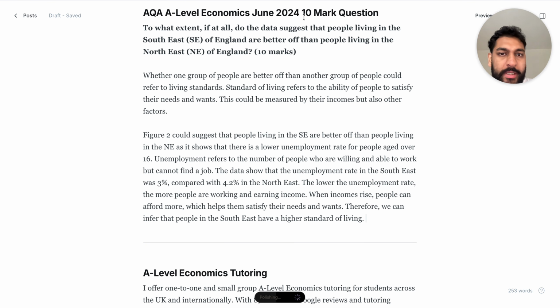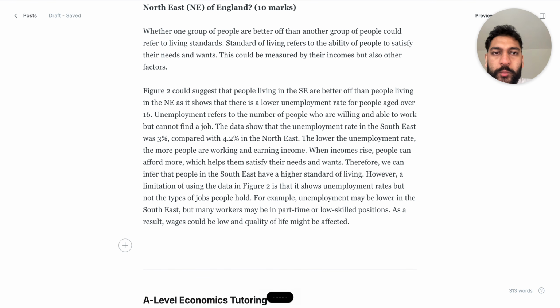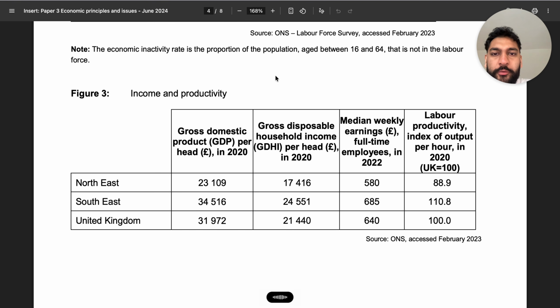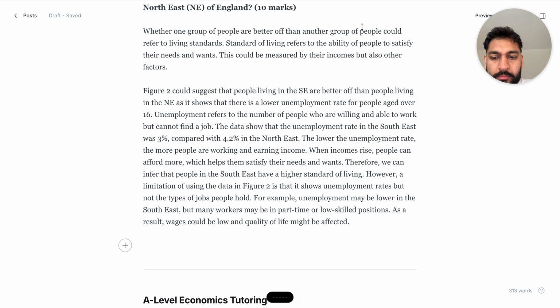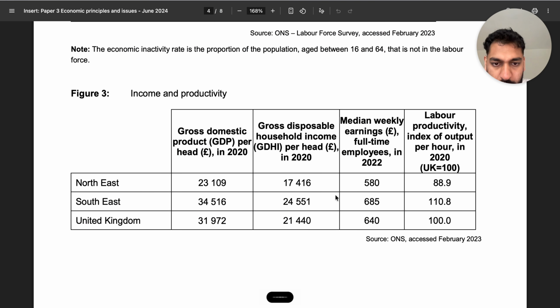And then rinse and repeat two more times. Okay, so for figure 3, we're just going to say, Figure 3 can also be used to argue that people living in the southeast are better off than people living in the northeast.